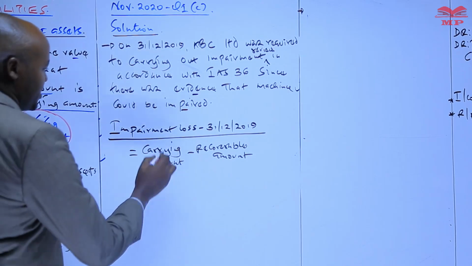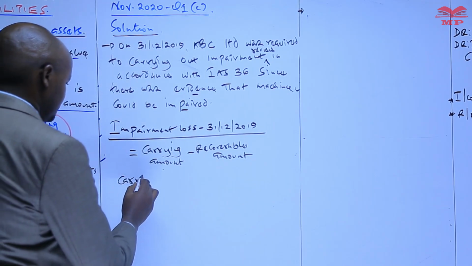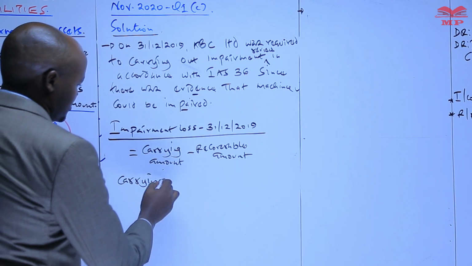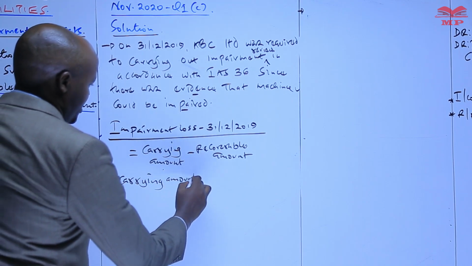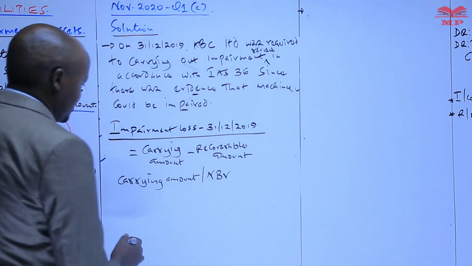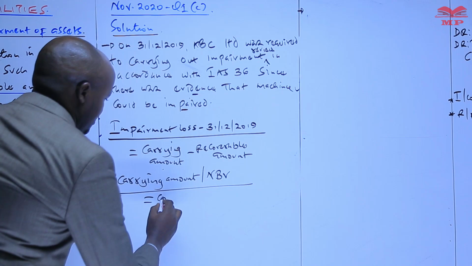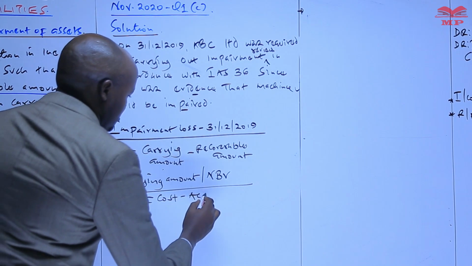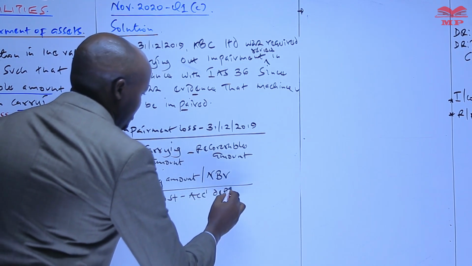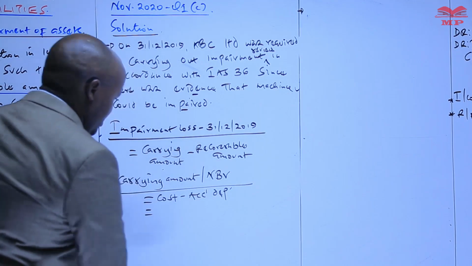So let's start by determining this carrying amount. The same as the asset net book value, and this is equal to the cost minus the accumulated depreciation.